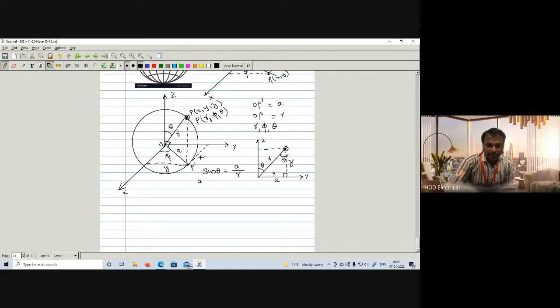From this, a is equal to r into sine theta. Similarly, cos theta equals z by r, which gives z is equal to r into cos theta.